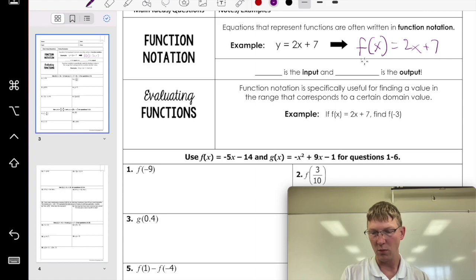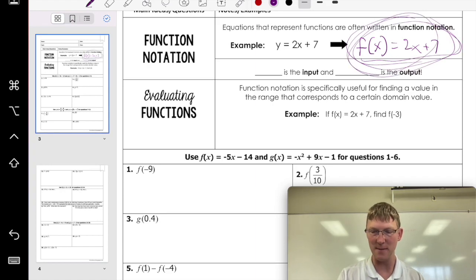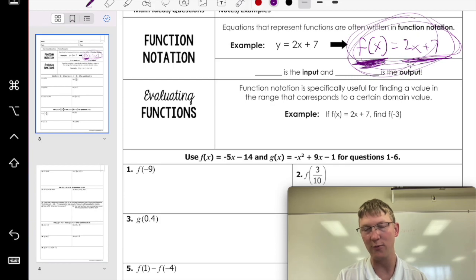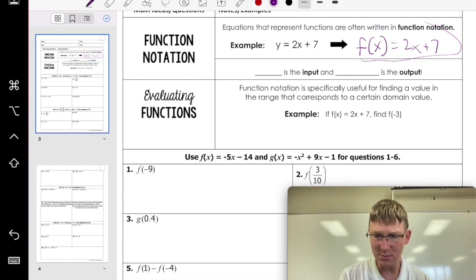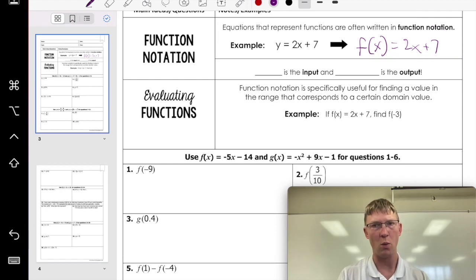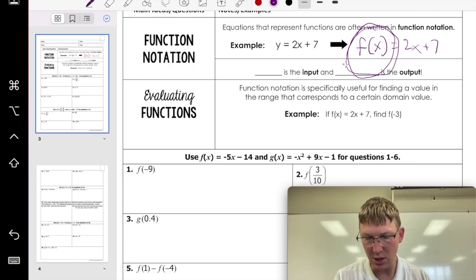This tells us that there's a function here and the variable is x, and here are the constraints for that x. A lot of times you can just replace y with f of x. That is generally okay, and this is the notation that we use for our functions.